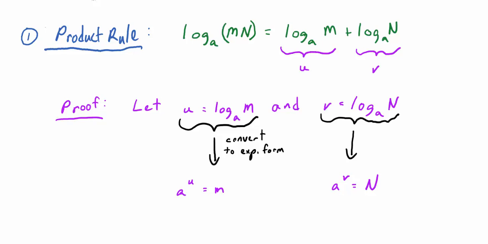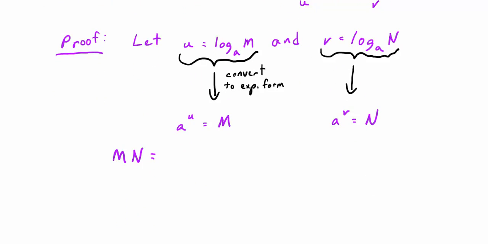And it really is supposed to be a capital M over here, I guess. Okay? Everybody agree with that? Just converting both of those to exponential form? All right, let's multiply m times n. So m times n in terms of the base a, the powers of a I created, m times n is what?